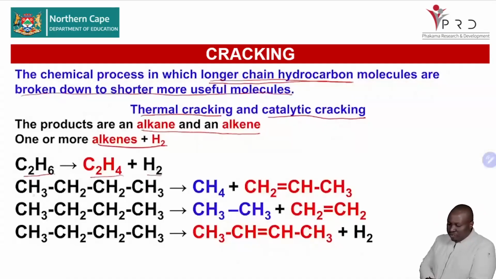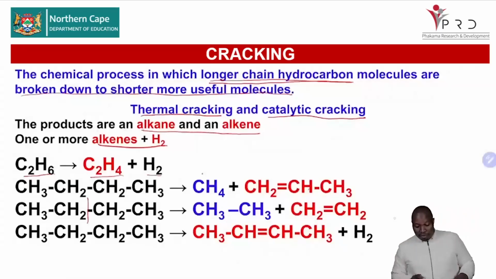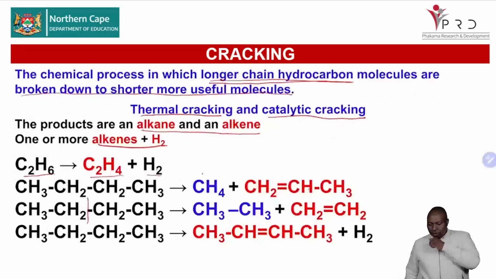But look, when you're having butane, for example, you can eliminate the first carbon, then you'll get methane and propene. So always alkane, alkene. We can even crack it in the middle, then you'll get ethene and ethane. And as well, you can remove only the hydrogens, and then you get butene and hydrogen.